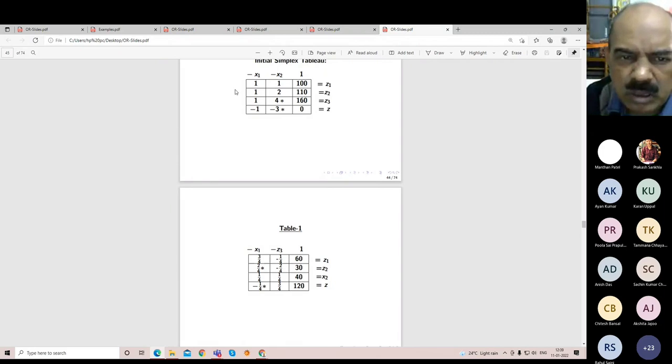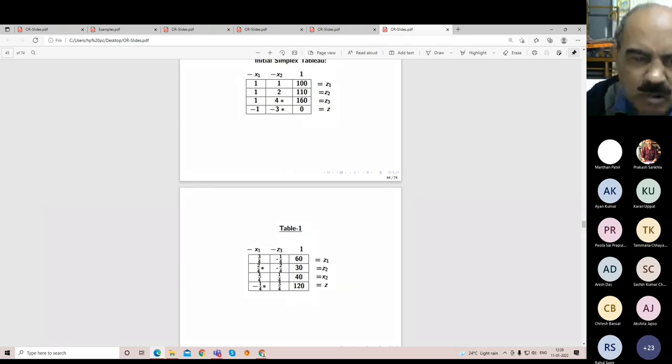Now for the second row, first column, that element we want to compute. So 4 into 1 minus 1 into 2, that is 4 minus 2, that is becoming 2 by 4. See, first you computed 3 by 4, then it is 2 by 4.